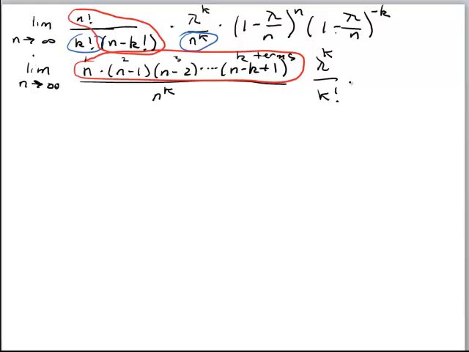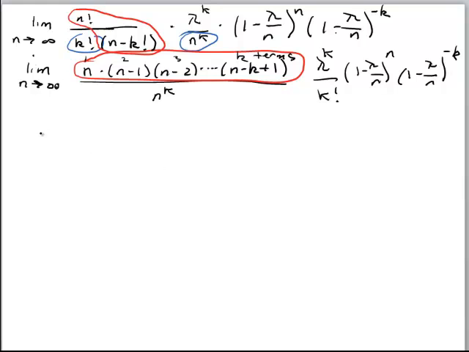And we've still got our leftover parenthetic expressions: 1 minus lambda over n to the n, and 1 minus lambda over n to the minus k.